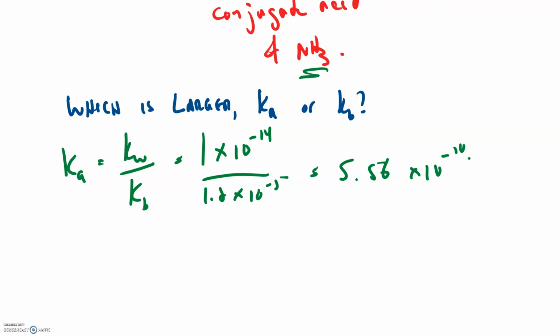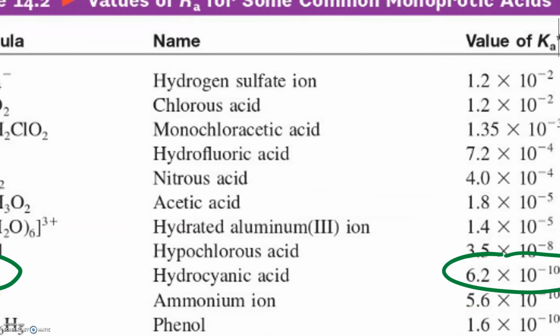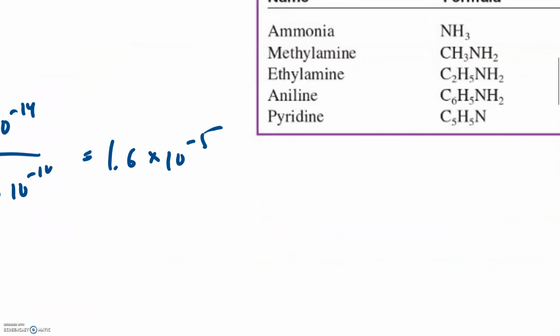Honestly, kind of wimpy. What's the Kb of our conjugate base? We know that F minus is the conjugate base of HF. Let's go up and find its Ka so we can find what the Kb would be. It says here that for hydrofluoric acid, right here, it has a Ka of 7.2 times 10 to the negative 4. So let's plug that in down here.